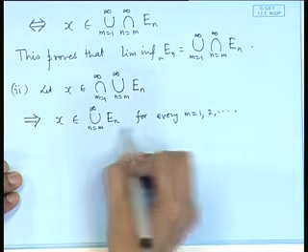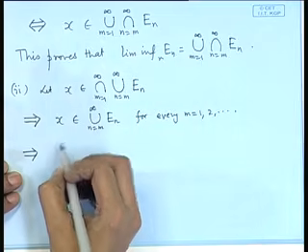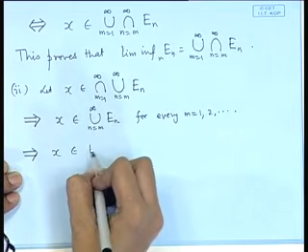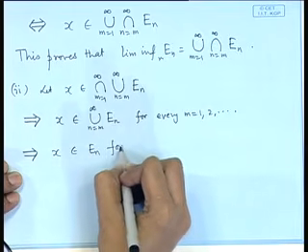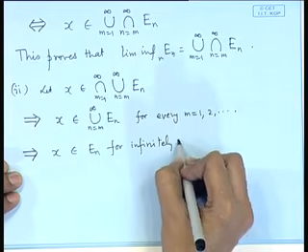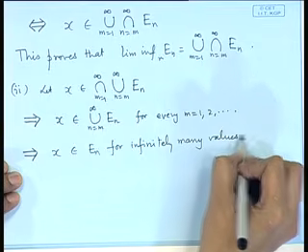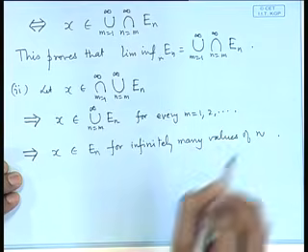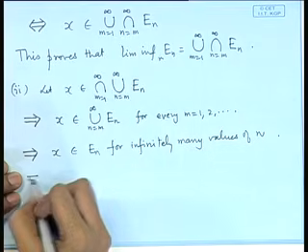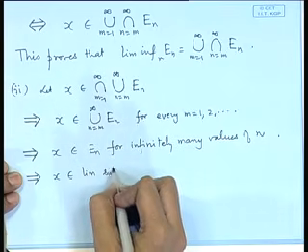However, it is belonging for every value of m. This means that x belongs to E n for infinitely many values of n, which is actually the definition of limit superior.